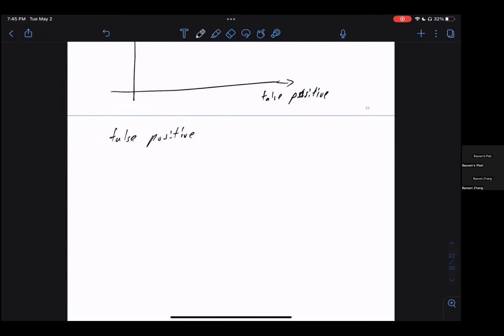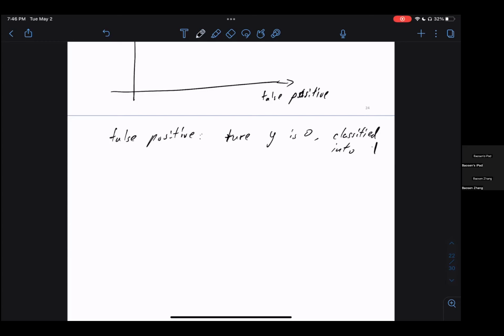This is where the true y is zero, and it's classified into one. So the true y is zero, and I classify it into a one. I want a classifier where this never happens.